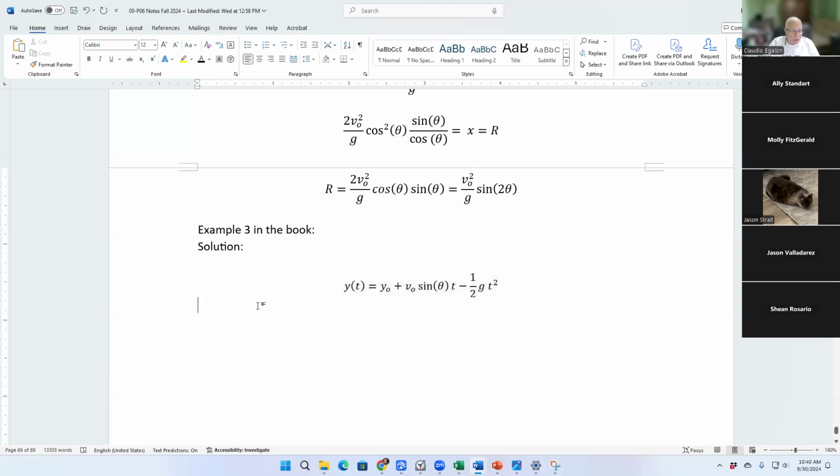Because the plane is flying along the horizontal direction, the initial angle, the launch angle of the package, will be 0 degrees.